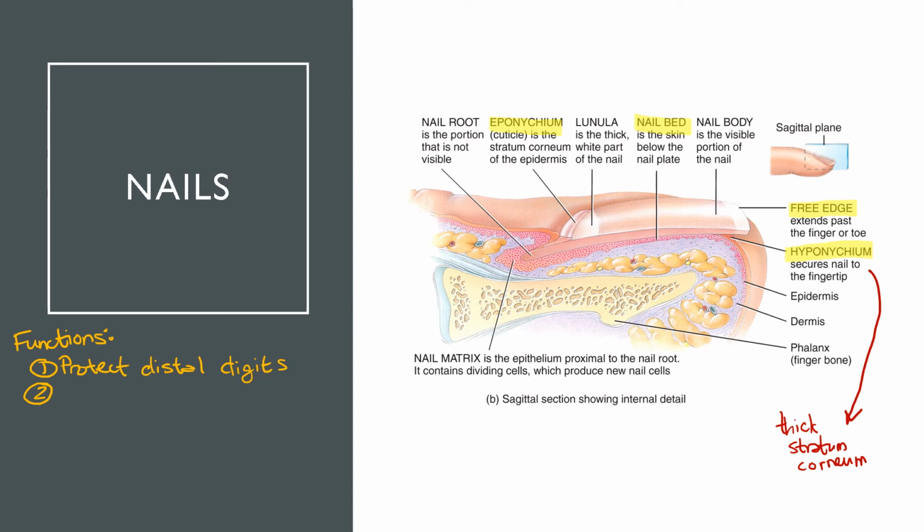The second function they have is that they provide support and counter pressure to the palmar surface of the fingers, and this is to enhance perception and enhance manipulation. So it's a counter pressure to kind of press against the opposite side when we're trying to pick something up.